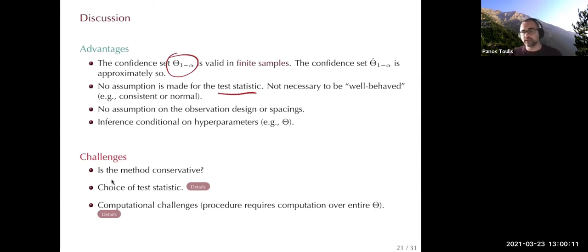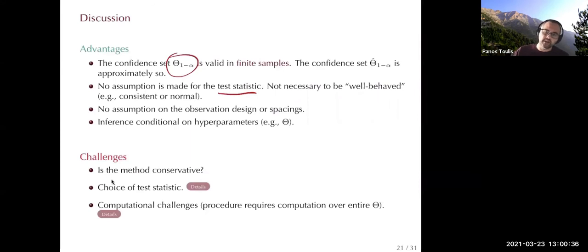I didn't assume that the test statistic is normal. I didn't assume it's even consistent. So you can do inference even with inconsistent estimators, right? This is following that kind of approach. Third, we make no assumption about the observation design or the spacings. Our method works seamlessly with equal or unequal observations. That's also important because our method conditions on the observation times.